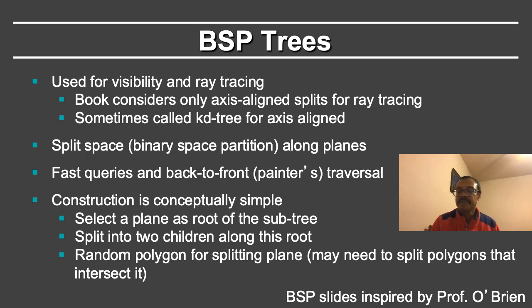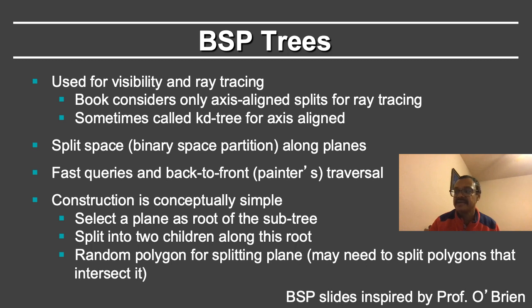For binary space partitioning or BSP trees, they have been used for visibility and ray tracing. We can consider both axis-aligned splits and non-axis-aligned splits. If the splits are axis-aligned, which is very common in today's ray tracing software, then it is called a KD tree.